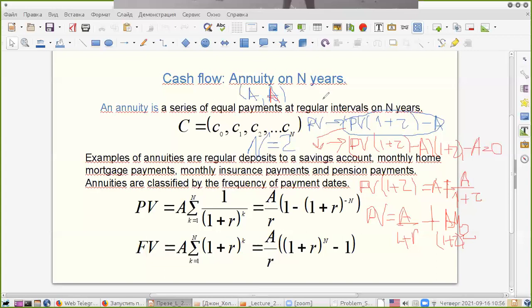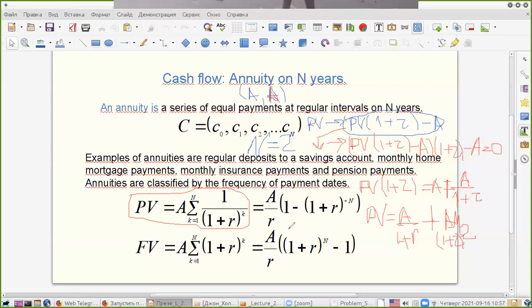If it is for n years, it will be plus A divided by 1 plus r to the power 3 and so on, and the final term A divided by 1 plus r to the power n. So we have this formula, with 1 plus r to the power k, and k from 1 to n.